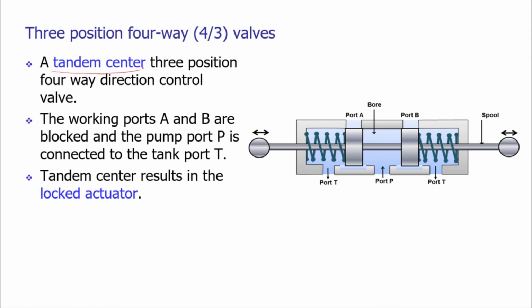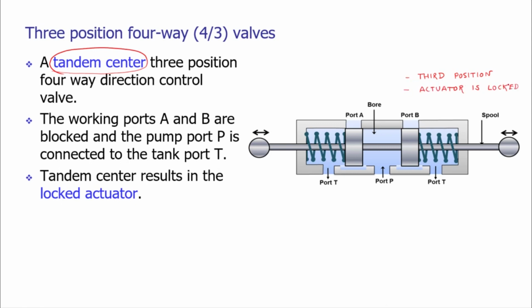Here you can see the third position in tandem center. How can we achieve this? The valve is at the third position. The actuator is locked. It is hydraulically locked.